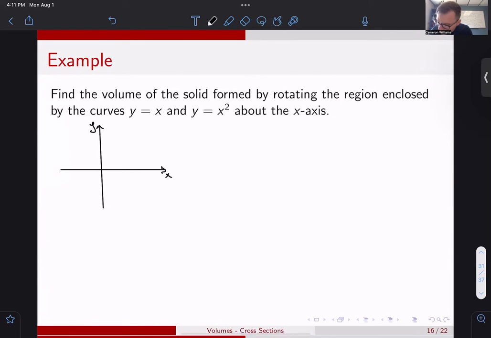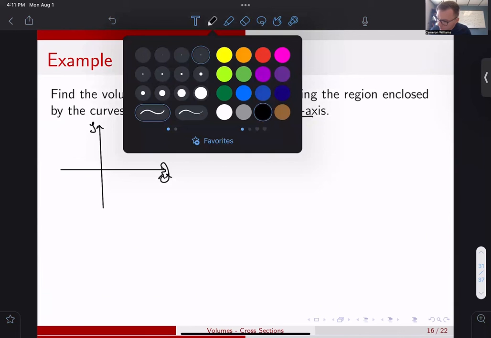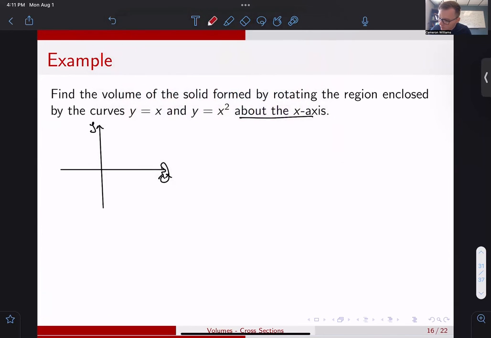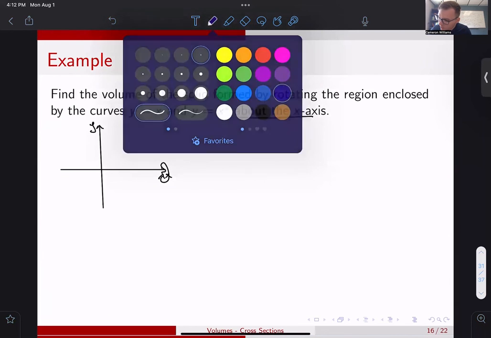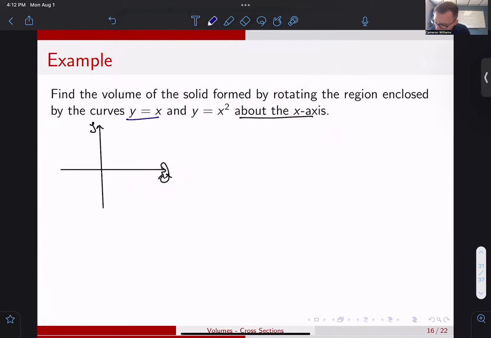There's x and there's y. And what I like to do, since we're rotating about the x-axis, is draw a little loop to remind me which direction I'm integrating or rotating about. All right, so I'm going to use this dark blue for y equals x, and that'll look like this.